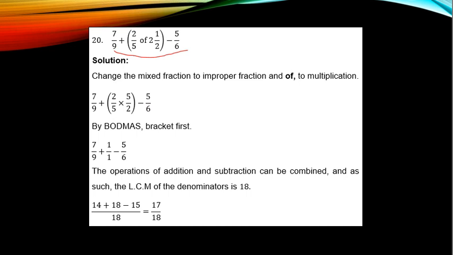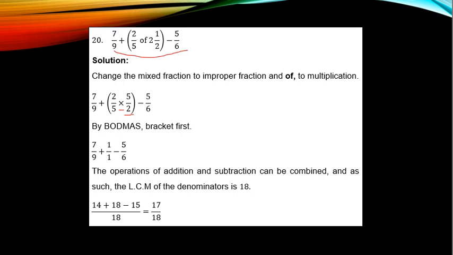Change the mixed fraction to improper fraction and "of" to multiplication. That is the step you have here. So the mixed fraction 2 whole number 1 over 2 is 5 over 2. "Of" changes to multiplication. By order of BODMAS, bracket comes first.